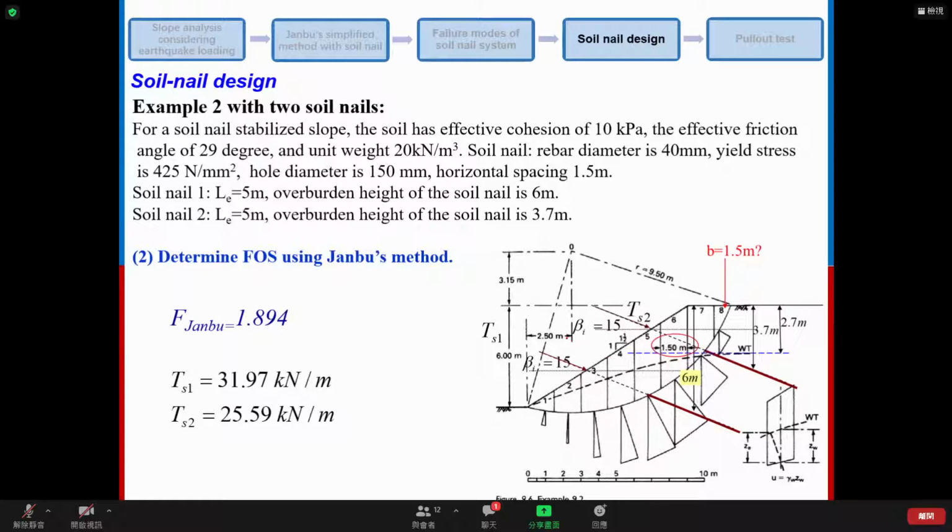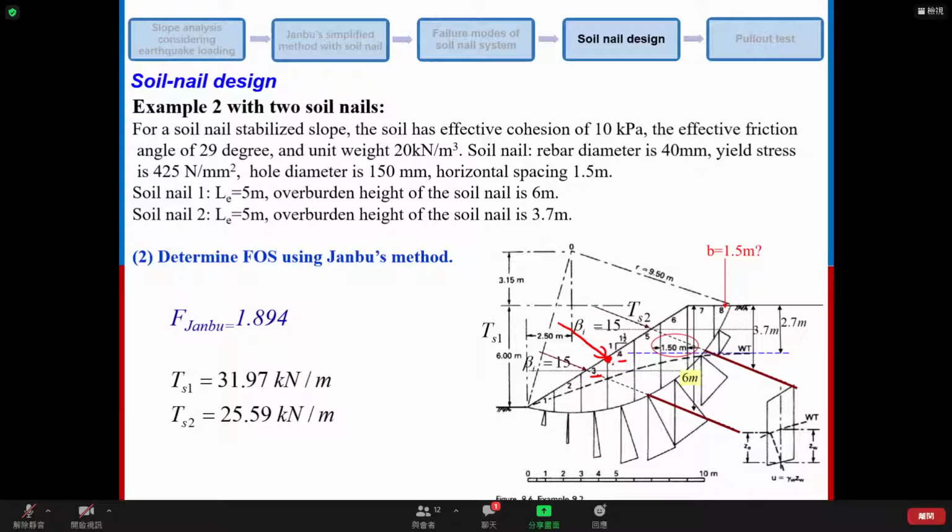The acting point of the soil nail is just at this point, the interpoint between slice 3 and slice 4. Someone may ask me, if the acting point is at this point, do we need to divide the soil nail force into two parts, one part for slice 3 and another part for slice 4?